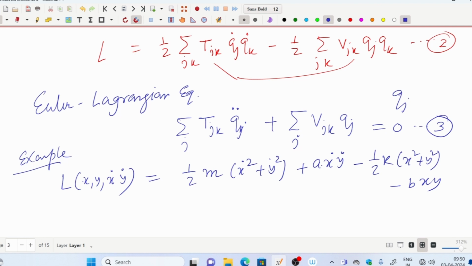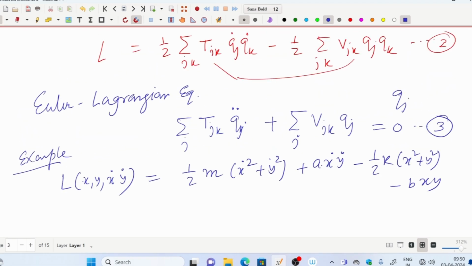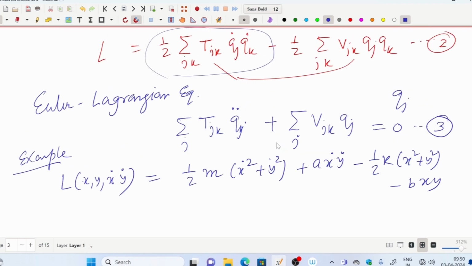In the general Lagrangian we have taken cross terms also. So the kinetic energy term has to be expressed in such a way that you can get your T_jk matrix, and keep in mind that it is symmetric. The T_jk matrix is 2 dimensional.